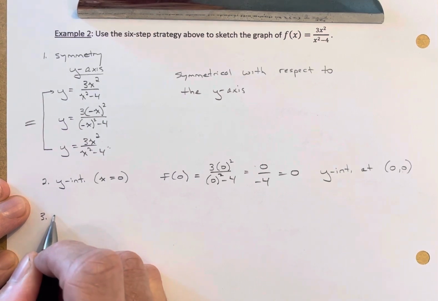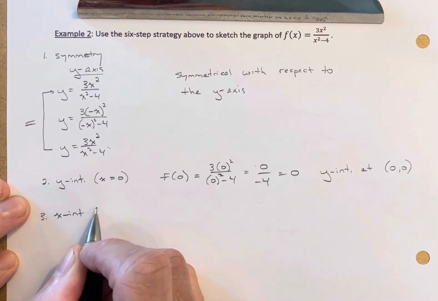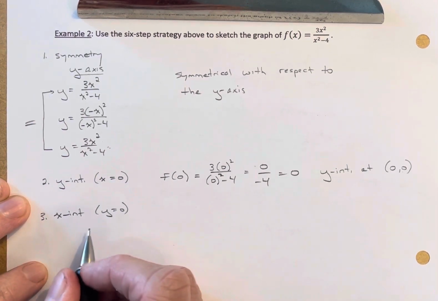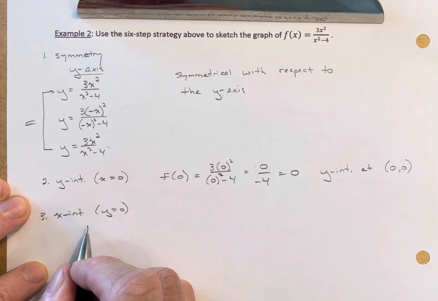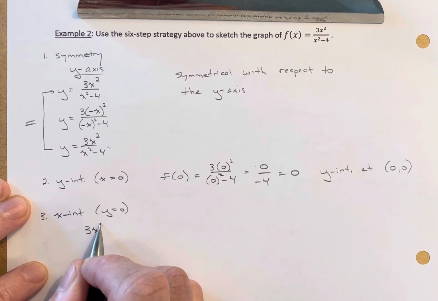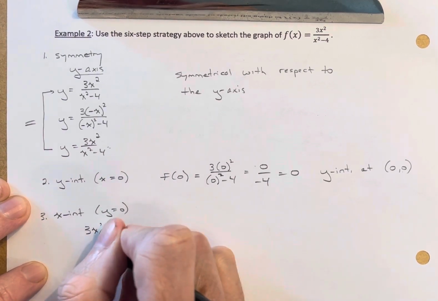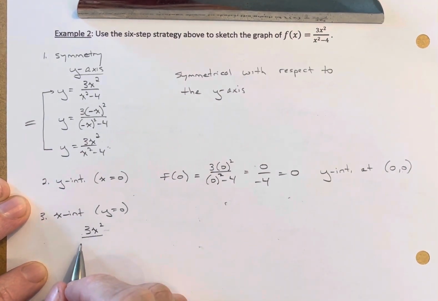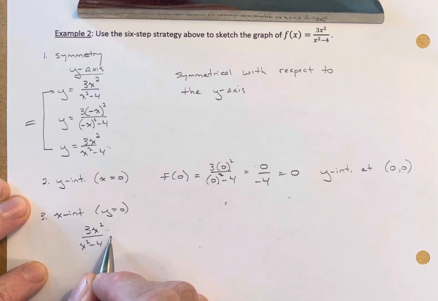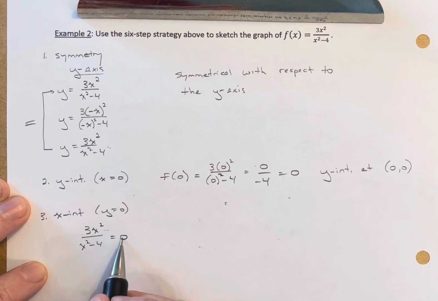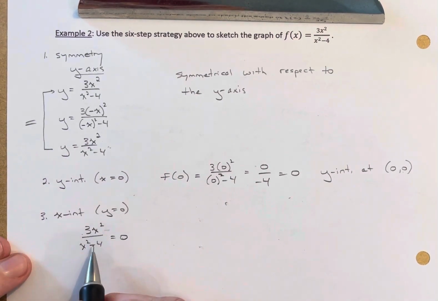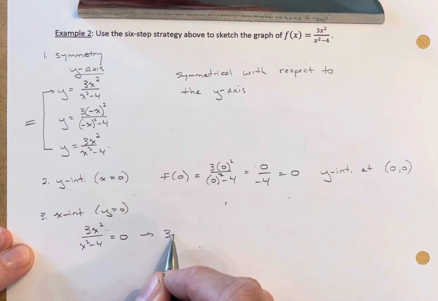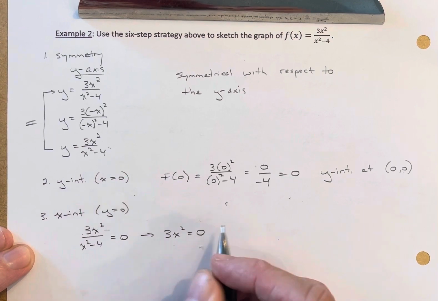Let's test that. The x-intercept, well, that's when y is equal to 0. Okay, so I'm going to come down below here. When is 3x squared divided by x squared minus 4 equal to 0? Now I have y equal to 0. Well, the only way it's going to be 0 is if the numerator is 0. So this tells me when is 3x squared equal to 0?